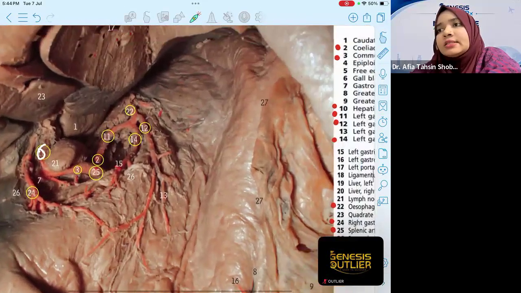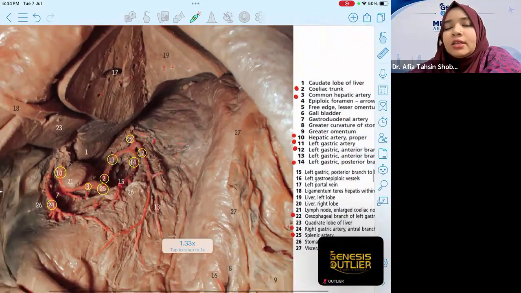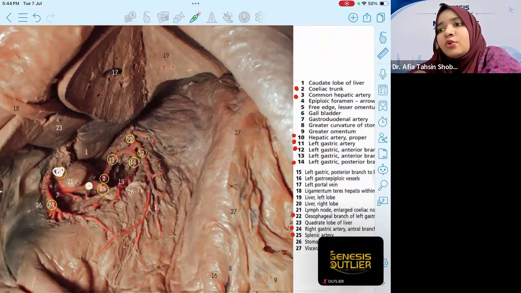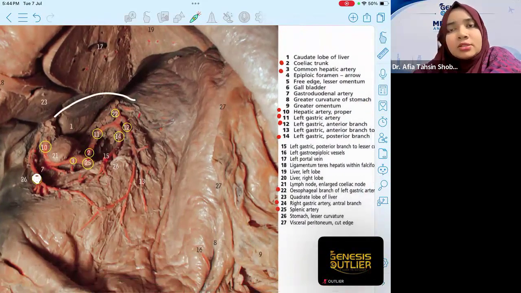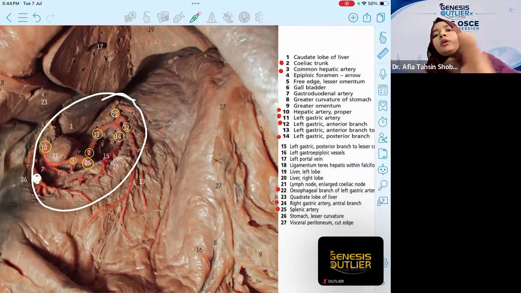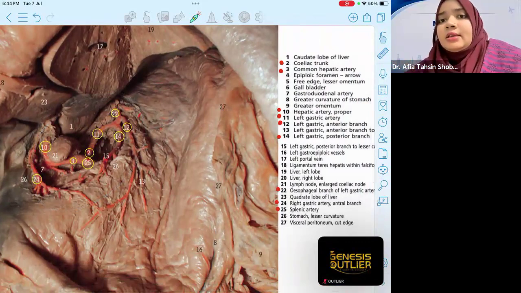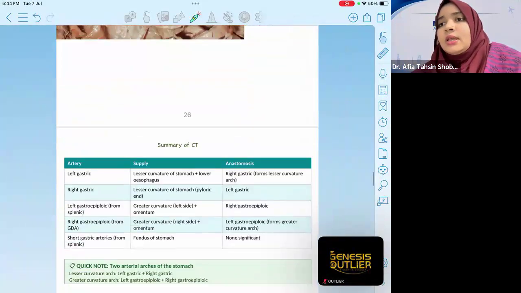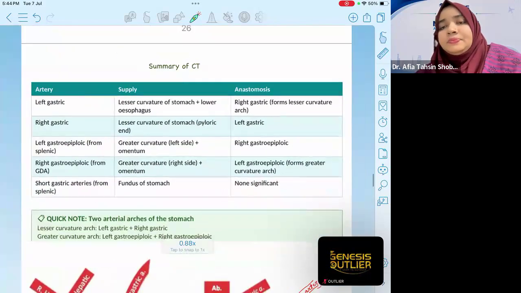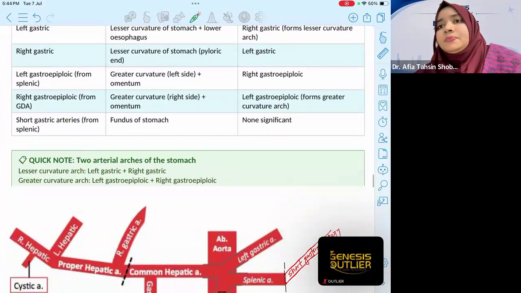What is 10? 10 is hepatic artery proper. This is common hepatic artery and this is hepatic artery proper. And 24 is right gastric artery, antral branch. I have marked the important ones which are coming in the exam. Just go for this. Others are not important. We have already covered this summary.